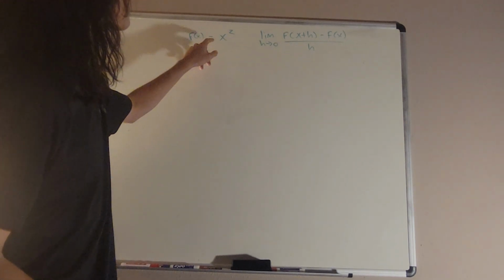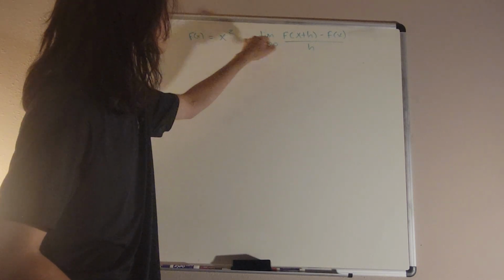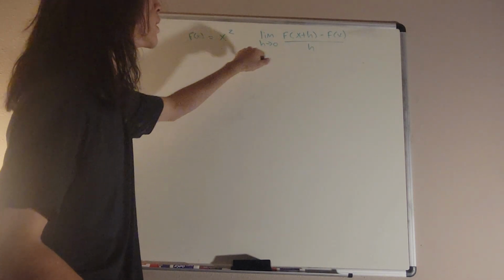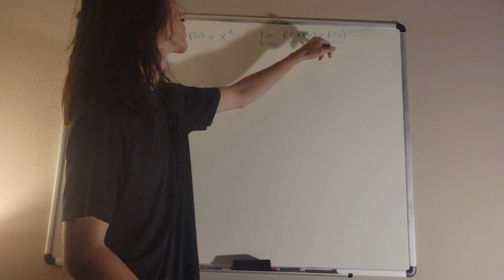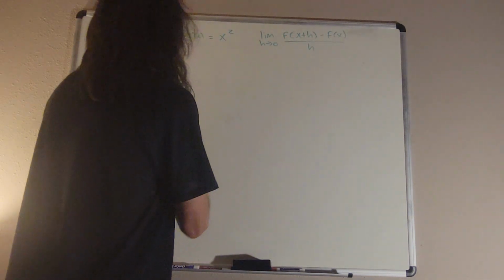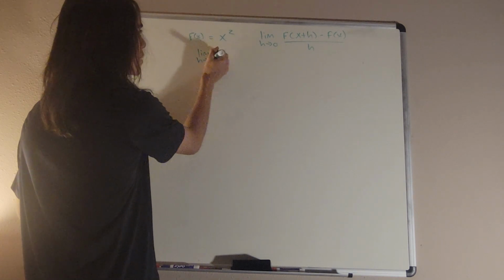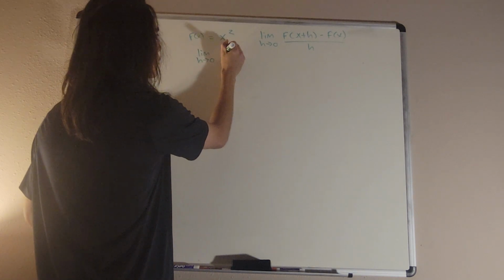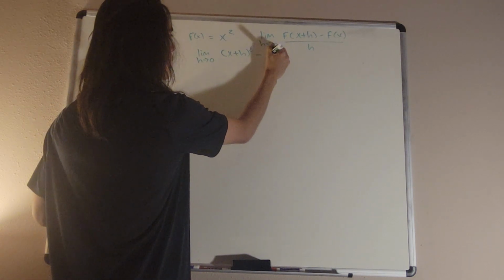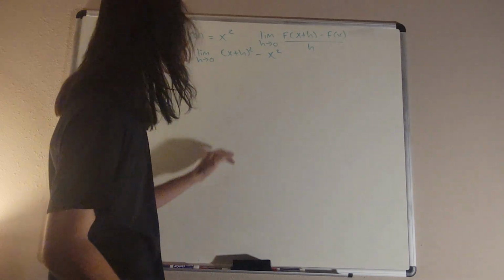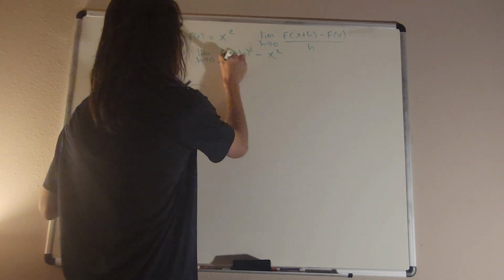So f of x is equal to x squared. So what this is saying, we're going to grab our parabola here, and we're going to plug in x plus h into our function, and then we're just going to subtract by our function over here. So the limit as h approaches 0 of x plus h squared minus x squared, and just to reiterate, we're just plugging this guy, x plus h, into that guy, over h.